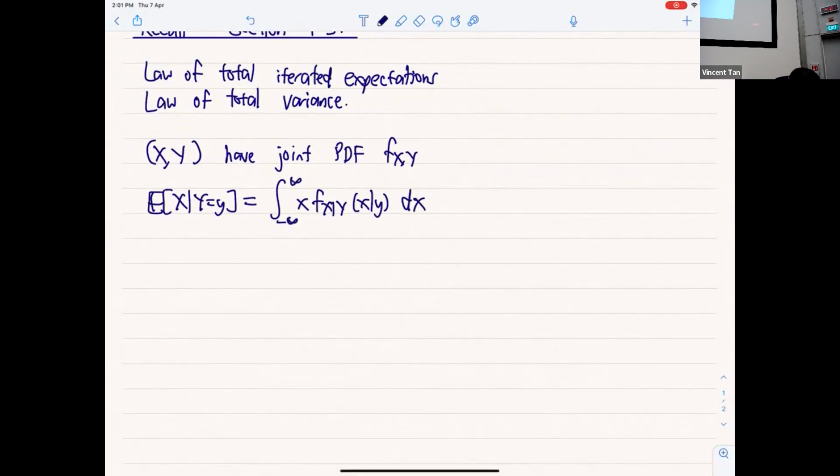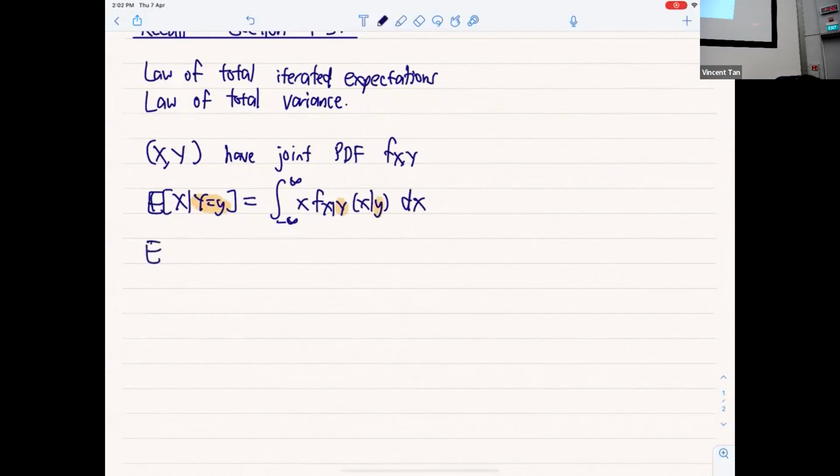Okay, so that is the conditional expectation given a particular event, because the random variable Y takes on a particular value little y. And what we are integrating is against this particular distribution, which is conditioned on little y.